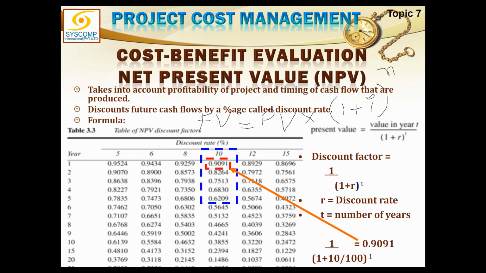The present value is 1 lakh rupees, and this value of I is 10%. 10% means 10 by 100. 10 by 100 means 0.1.